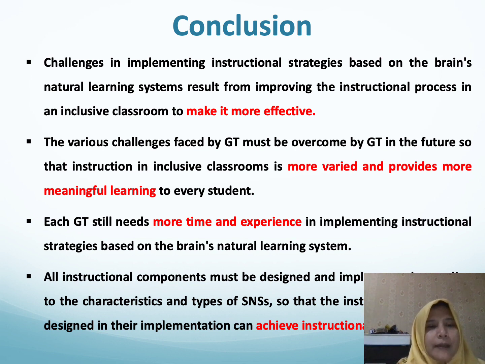They hope that the instructional strategies based on the brain natural learning system will be more effective. The various challenges faced by GTs must be overcome in the future so that instruction in the inclusive classroom is more varied and provides more meaningful learning to every student.